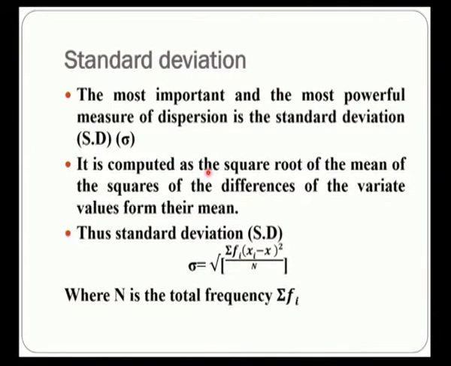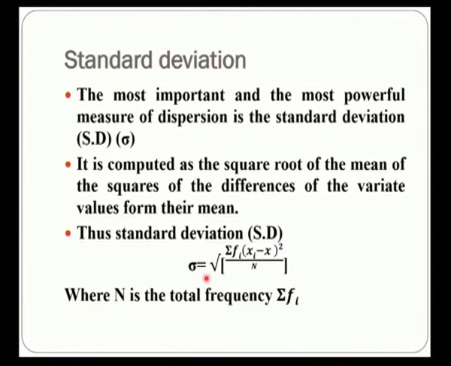Standard deviation. The standard deviation is the most important and the powerful measure of dispersion of the sample. This dispersion can be computed using a formula. So, it is computed as the square root of the mean of the squares of the difference of the variate values from their mean. So, to get the standard deviation, first we need to get the mean of the sample.